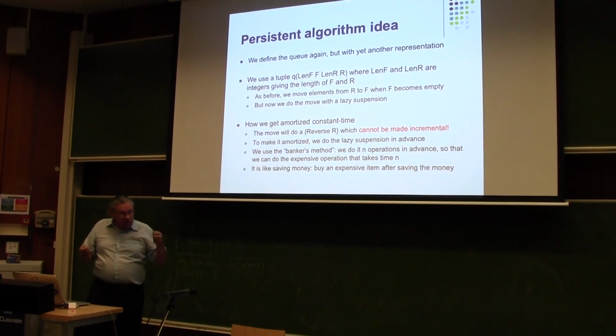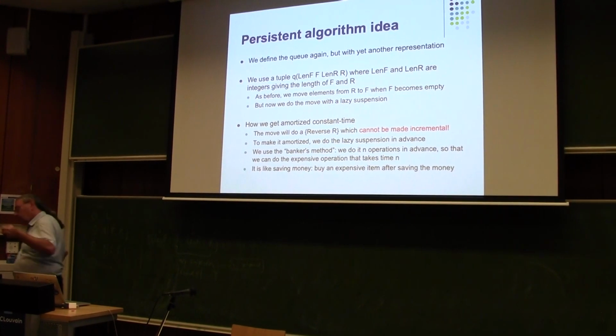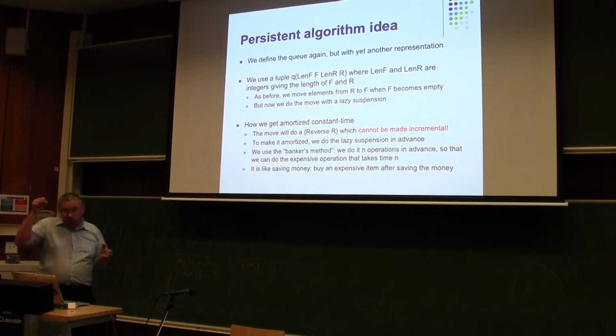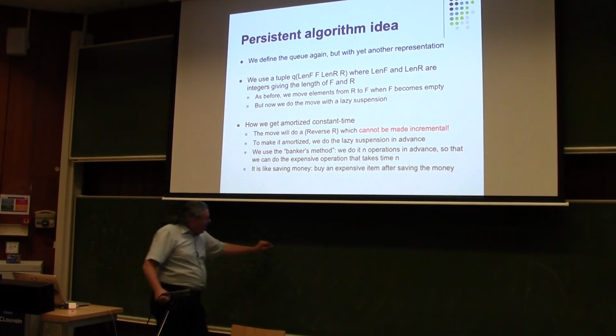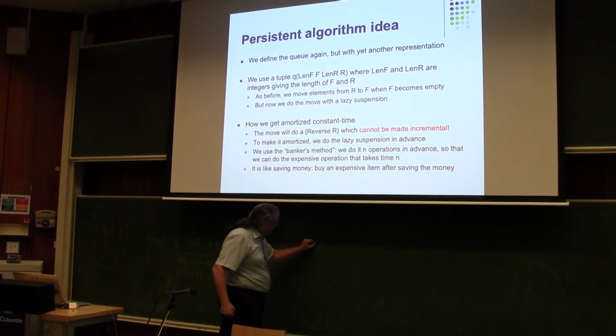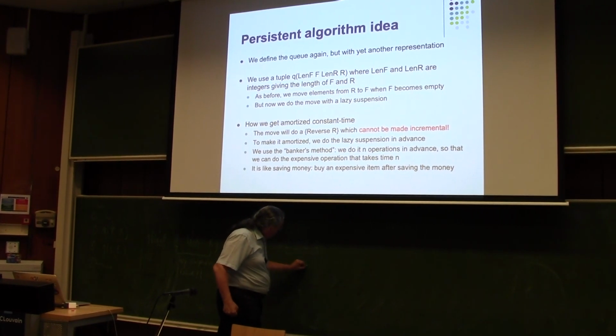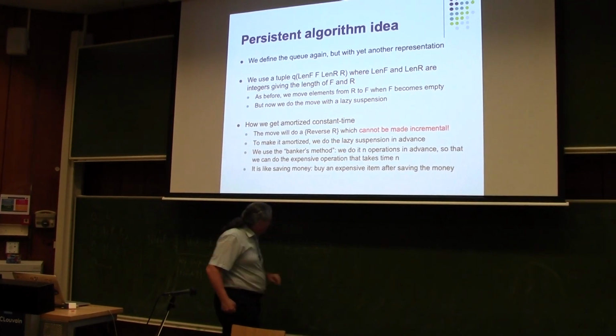So each time I do a cheap operation, I'm saving €1. And when I have n euros in the bank, I can do the reverse, which takes n euros. So basically, I'm saving money in the bank, n, and then I can do my order n expensive operation.